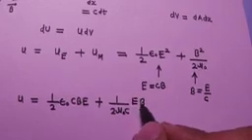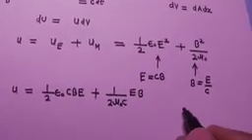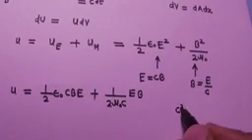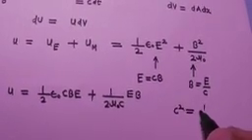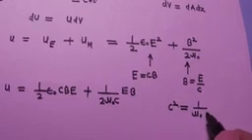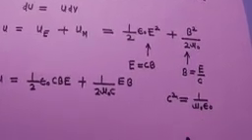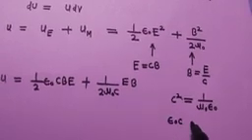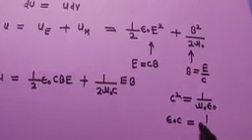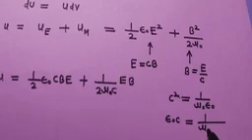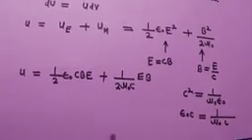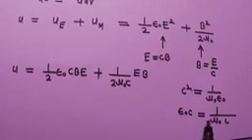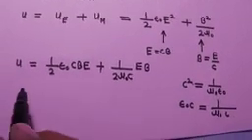Now we know that c square is equal to 1 upon mu naught epsilon naught, or we can write it as epsilon naught c is equal to 1 upon mu naught c. So in place of epsilon naught c we can write 1 upon mu naught c.